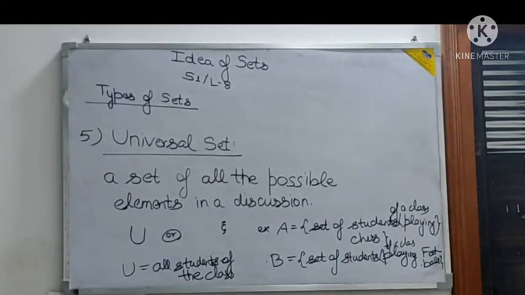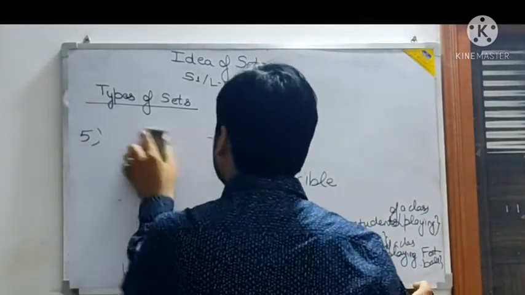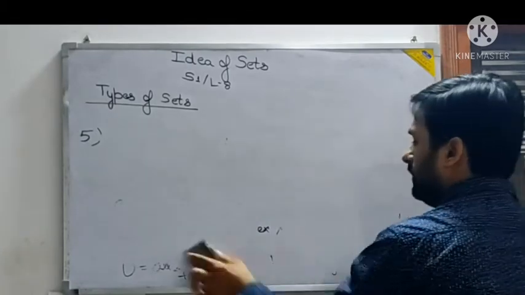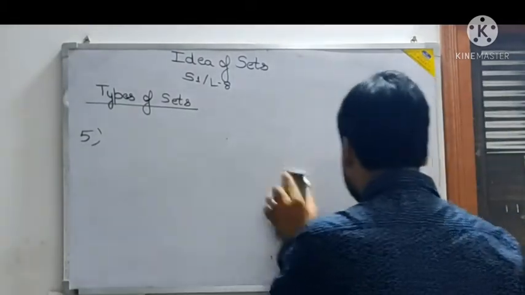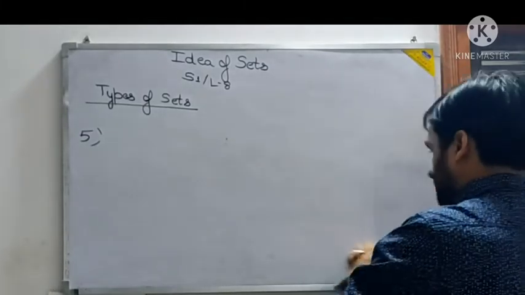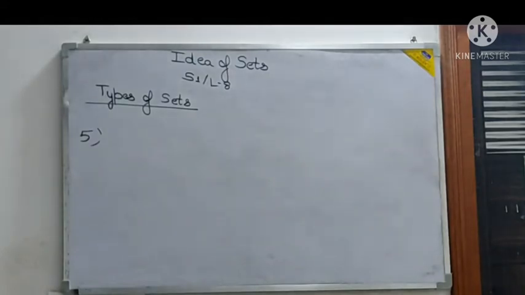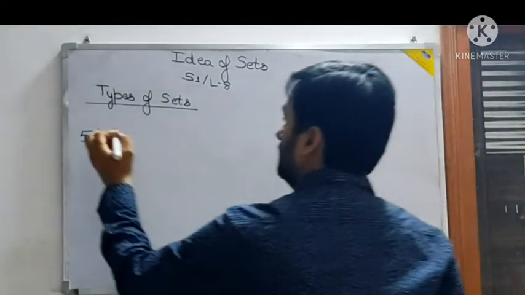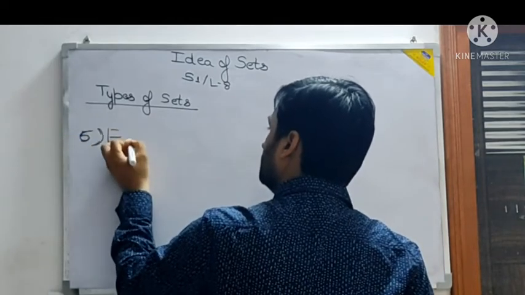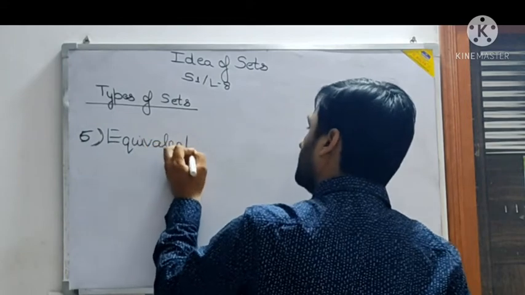The next thing is equivalent sets. Equivalent sets are sets in which the number of members are equal in both the sets. The sixth one is equivalent sets.